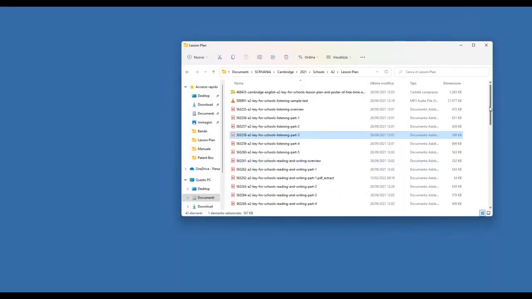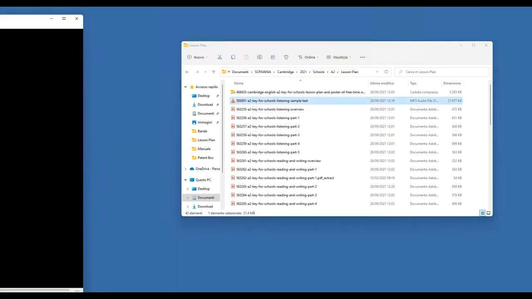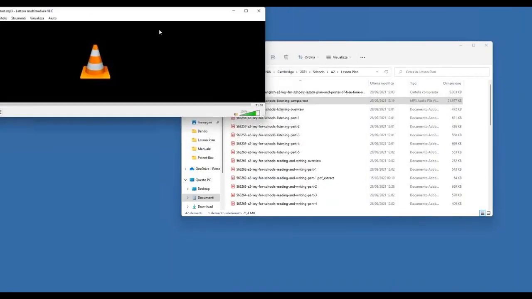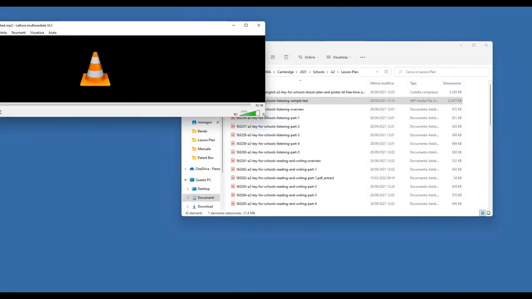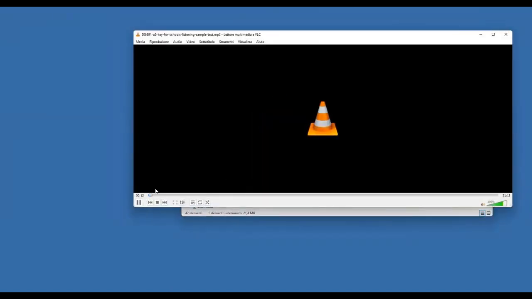Now remember that in this folder, you also find the MP3 file with the audio script for the exercise. Because this is part 3, remember that usually with the Cambridge English test for schools listening sample test, you have to find the exact part where the listening starts, which in this case should be minute 9 and 50 seconds.